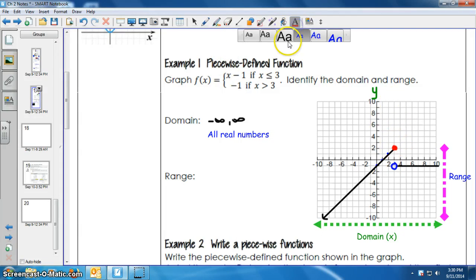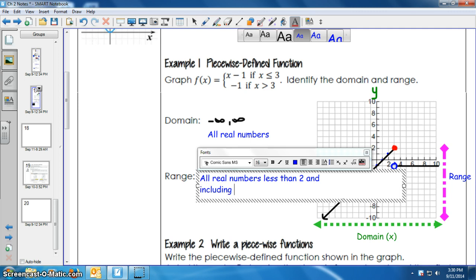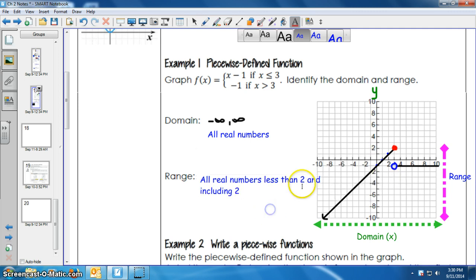So how would we write that? We would write all real numbers less than and including 2. Oops, 2. There we go.